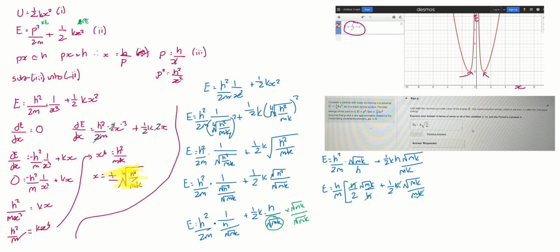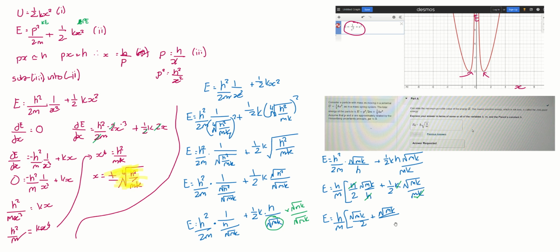So we're left with, they're almost there, thankfully. I'm losing the will to live. h over m is equal to, we've got all that, h over m. Left with, what have we got? Oh, this is looking good. Root mk over 2 plus, well, half, plus root mk over 2. So we've got that, which is fantastic.